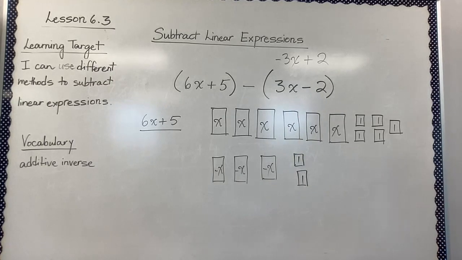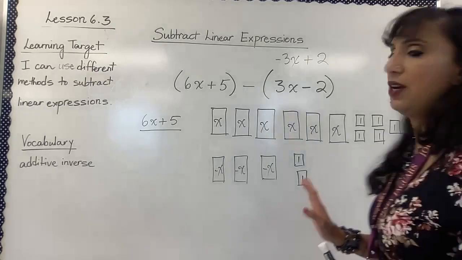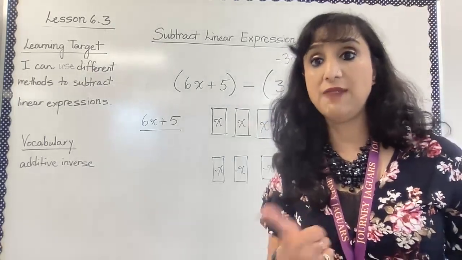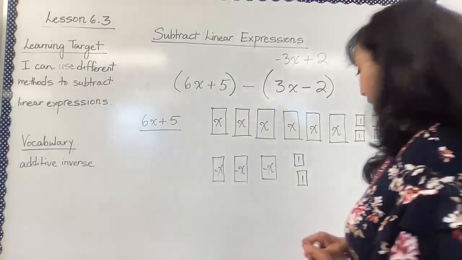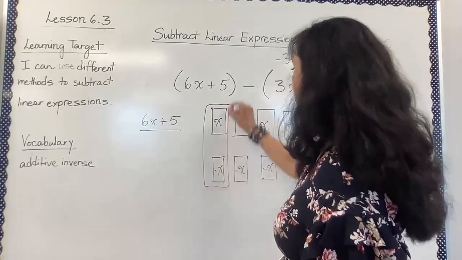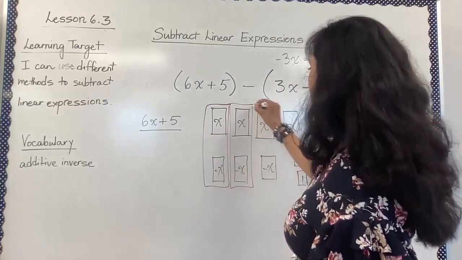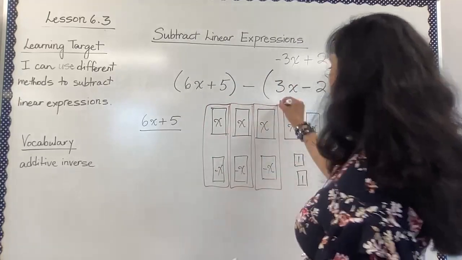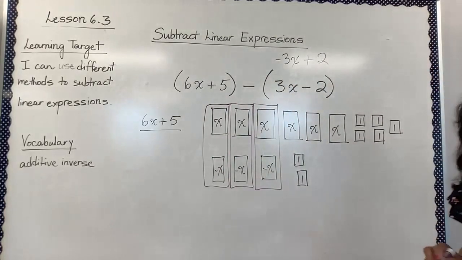Then I am going to make my zero pairs of a positive and a negative, like we did in the past. Here is x minus x is 0, x minus x is 0, x minus x is 0. So here are my three zero pairs. Then we look at what I have left.